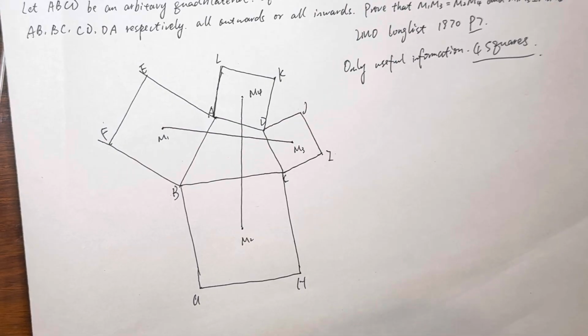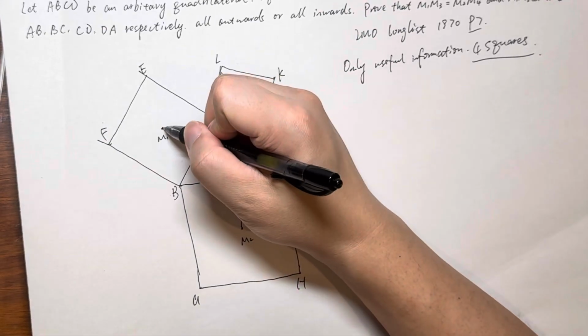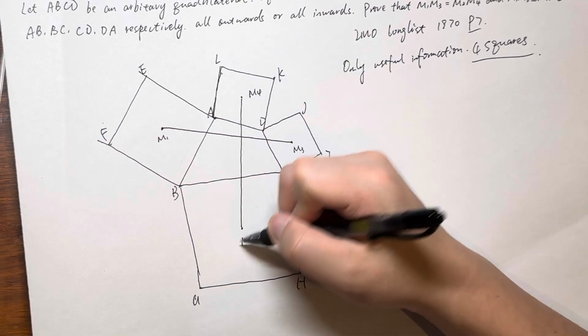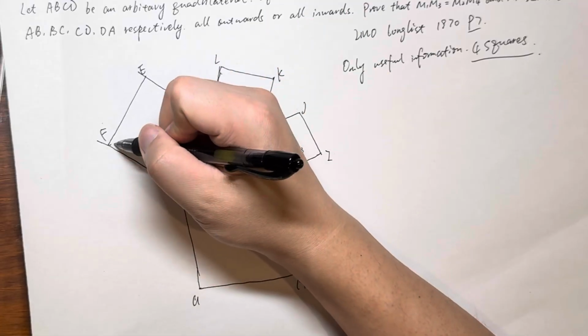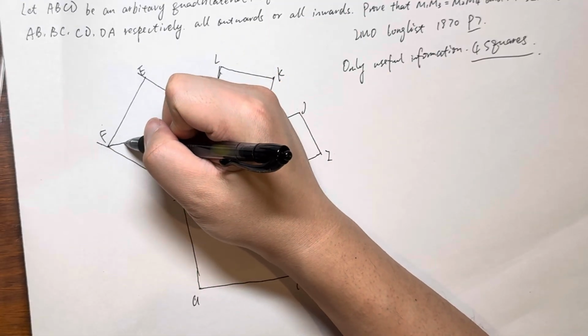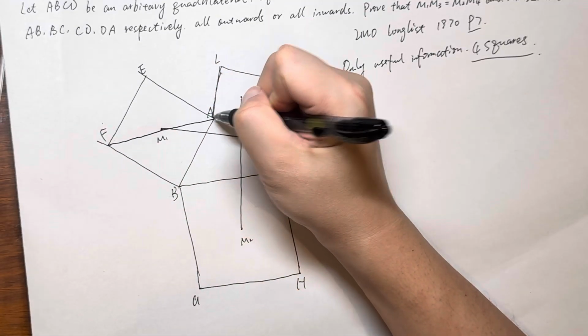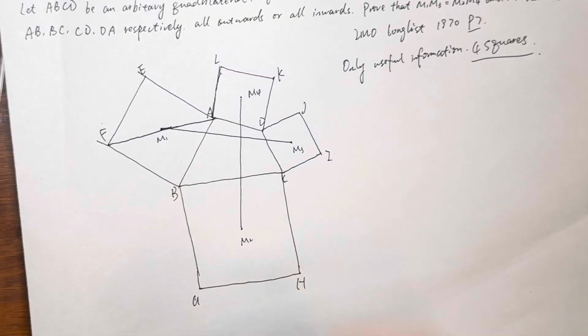And the other property we have is that M1, M2, M3, M4 are the centers of the squares, which means M1 is the center, or the midpoint, of segment AF, right?